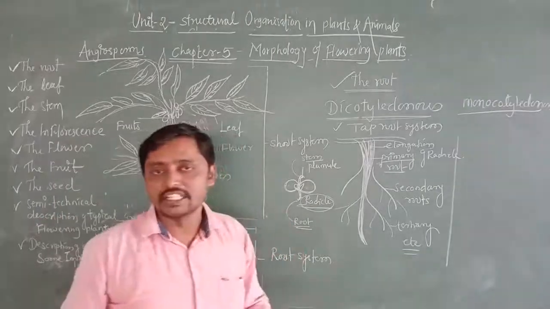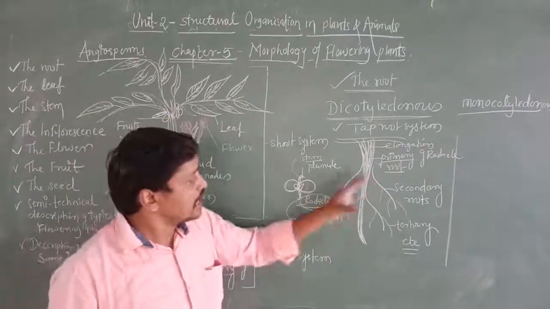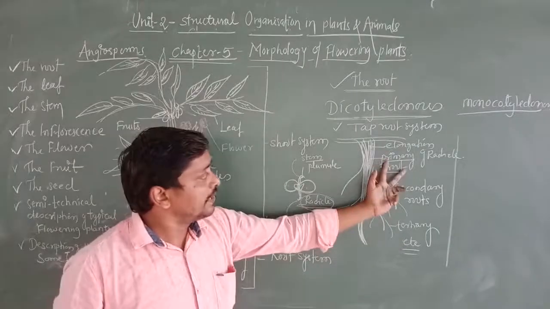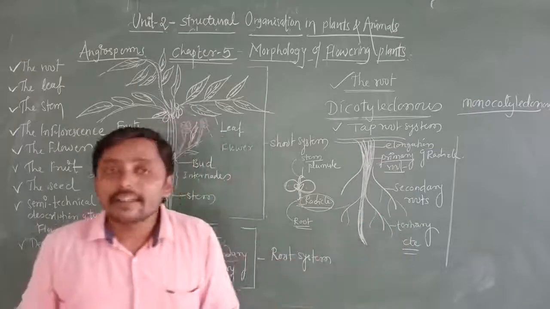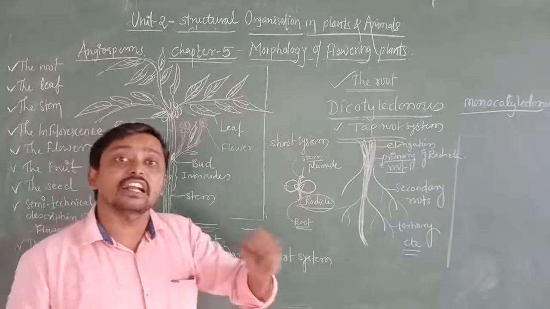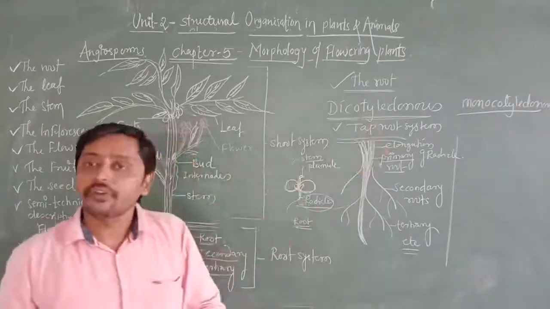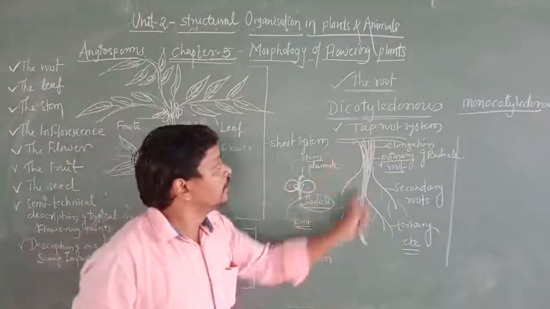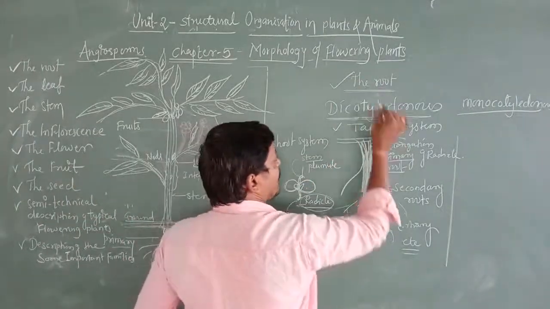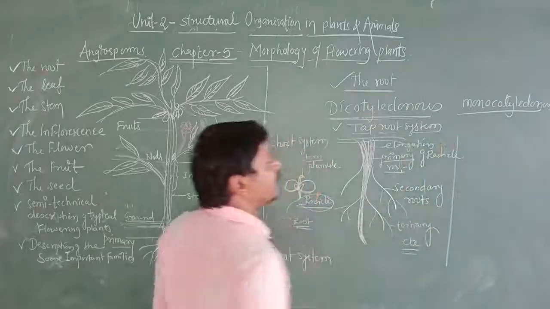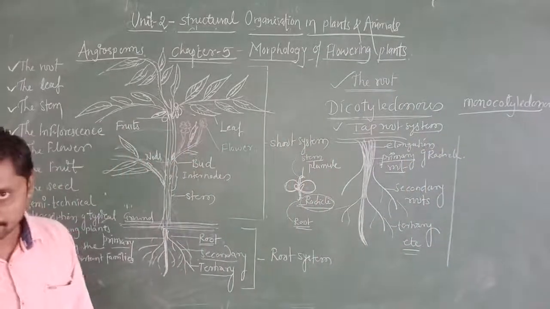We are going to call them secondary roots, then tertiary roots. So here the primary root and their lateral branches collectively constitute what? The taproot system. This is about one type of system when we study the root. That is, the first one is the taproot system.